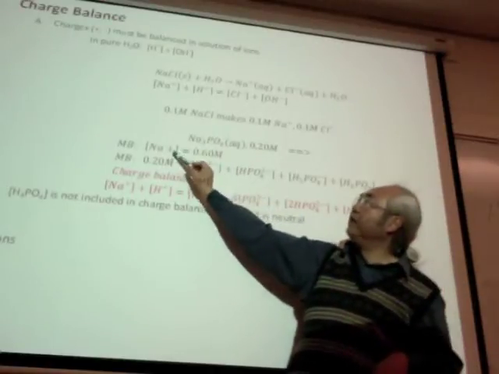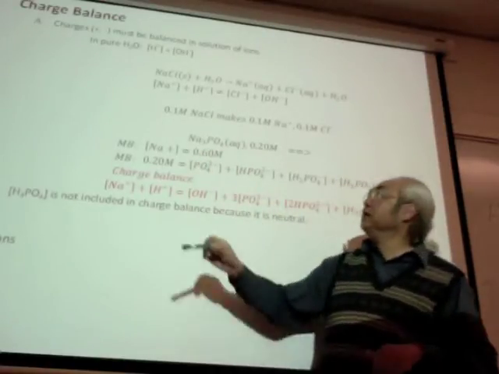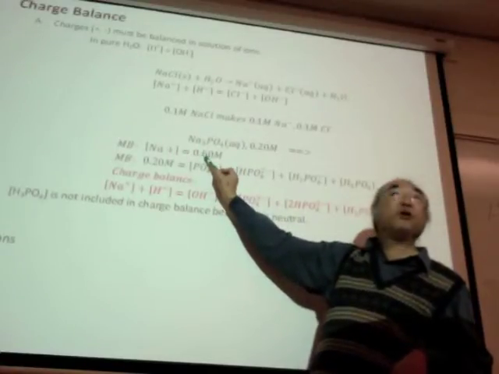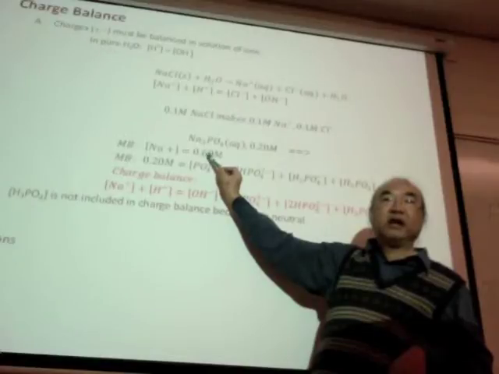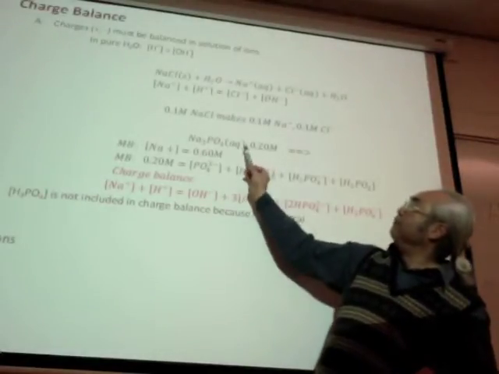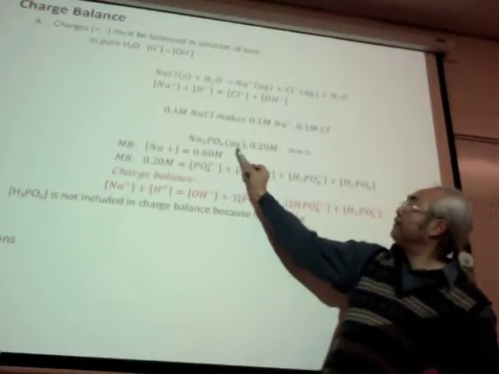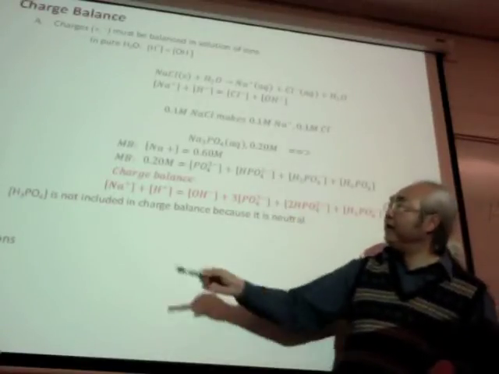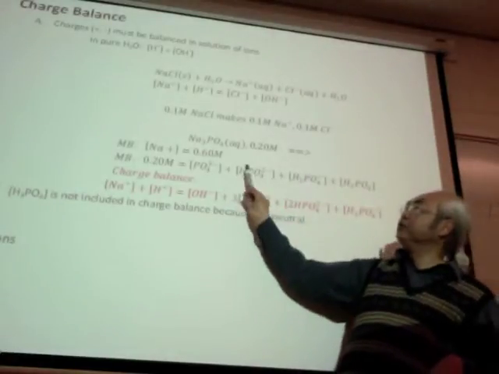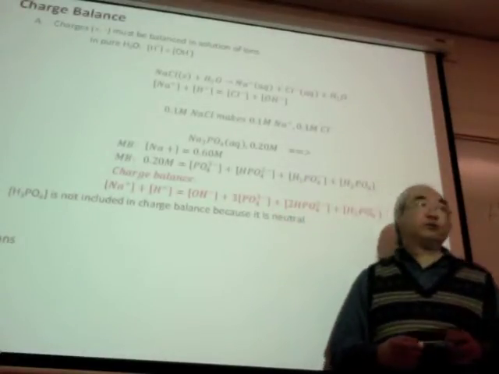So if you kick in the individual ions, the sodium cation concentration is 0.6. Keep that in mind, it's 0.6. Now, for the phosphate, it is 0.2. But then for the anion, there is going to be reaction.